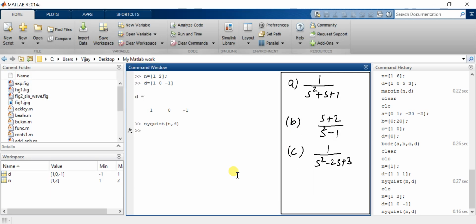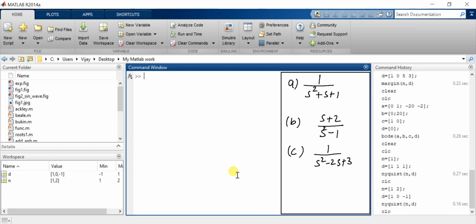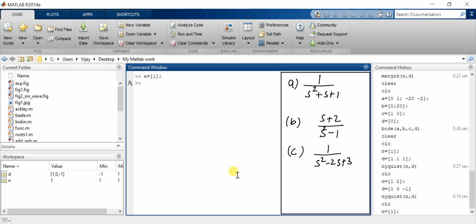Let's try to code for the last one. So take n, that is numerator matrix, equal to 1, and d matrix equal to 1, -2 and 3.